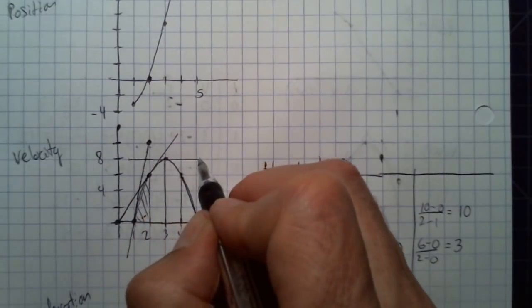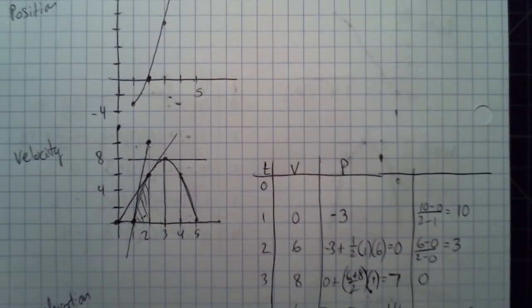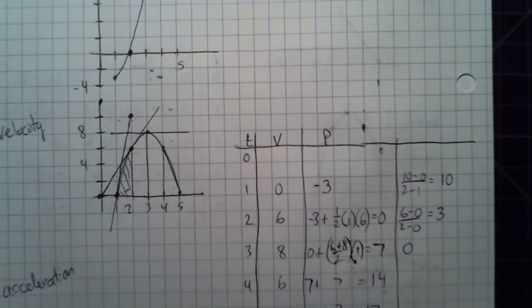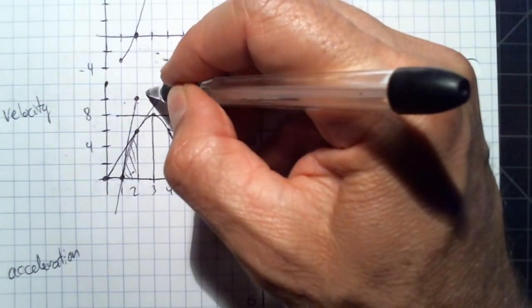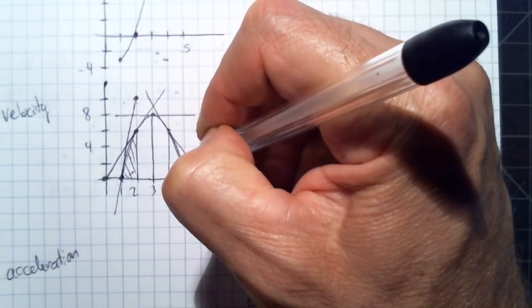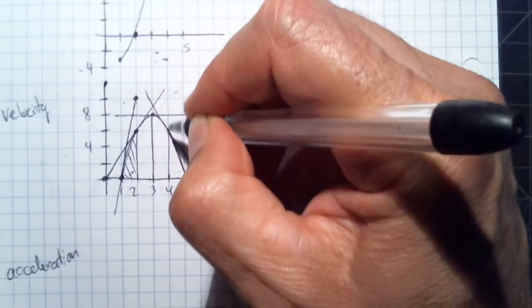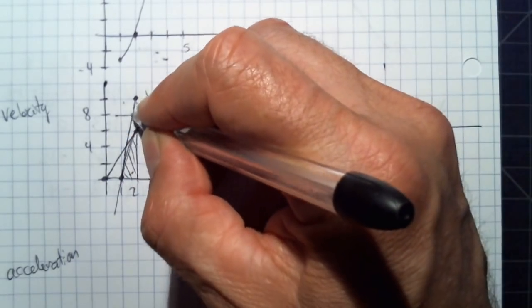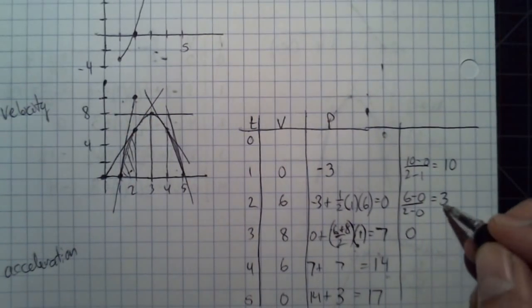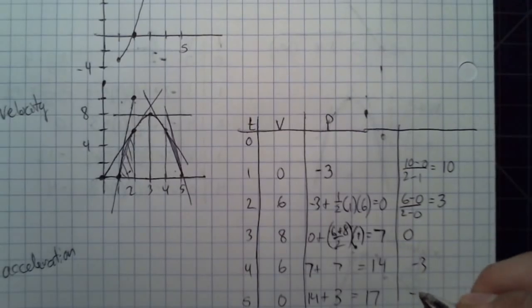Then we get the easy one, the horizontal tangent line, slope is 0. And then these are symmetric. So this is the negative slope of that, and this is the negative slope of that. So we can just make these numbers negative.